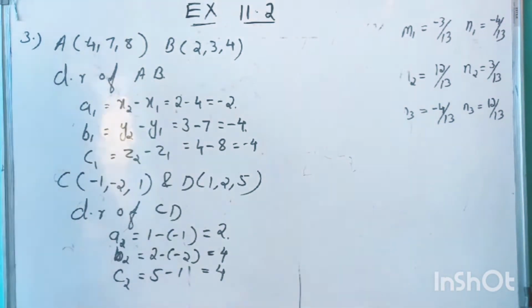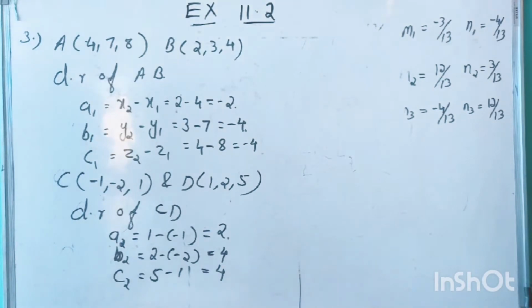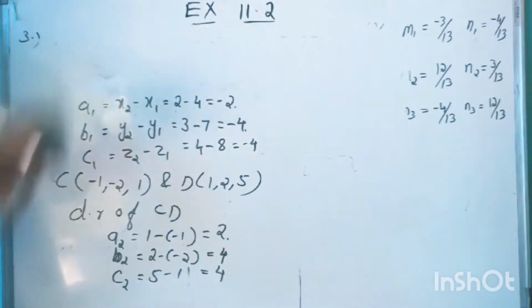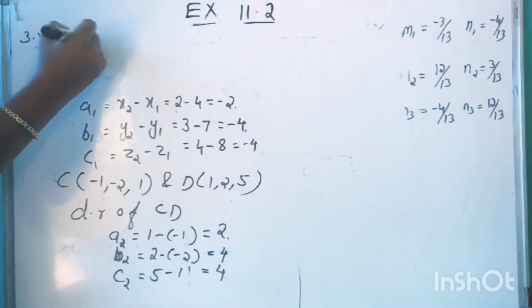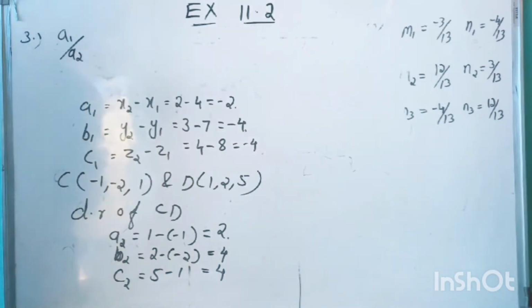Now, here we need to prove these two lines are parallel. If you want to prove two lines are parallel, we need to take the ratios of the corresponding components. The first one is A1 by A2.